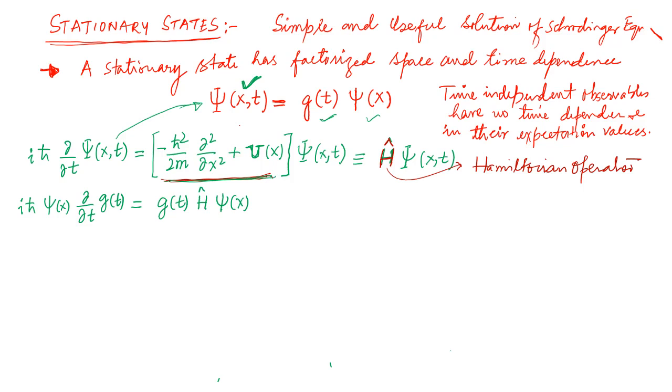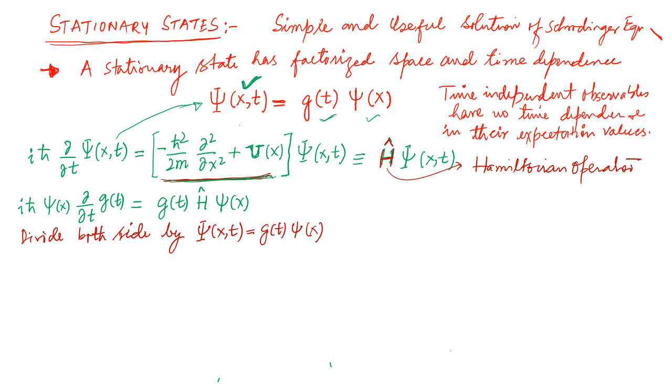Now let's divide both sides by the wave function psi(x,t), that means g(t) and psi(x) on both sides.